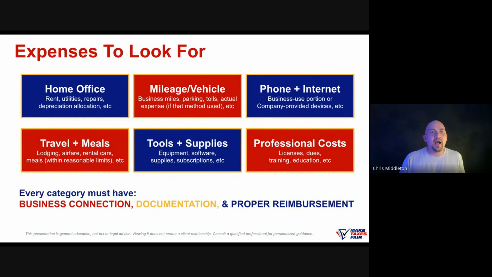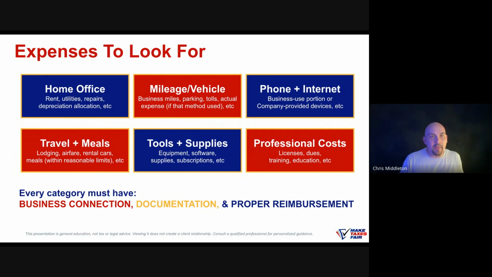Okay. Common expenses to look for, and just keep in mind, not every expense here is automatically reimbursable. For every category, the question is, for your business, is this an ordinary and necessary, bona fide, legitimate business connection, and properly documented?